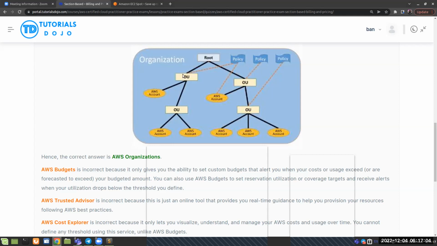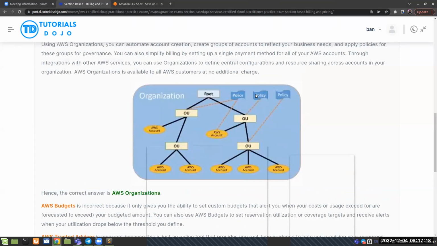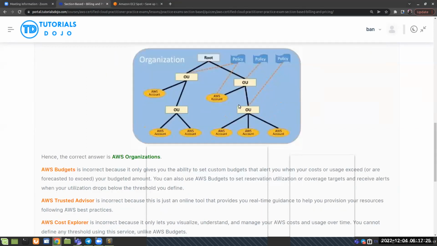SCPs can be applied at the organization level or even at the account level. But the reason to apply them at the OU is that it will influence all these different accounts. An SCP is a way of implementing limitations or control over accounts when you're using Organizations, right?